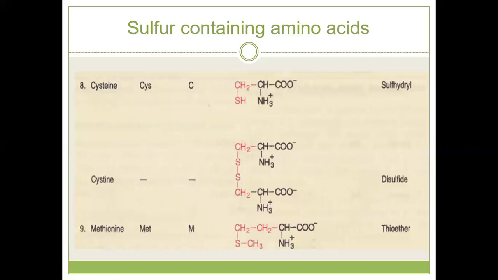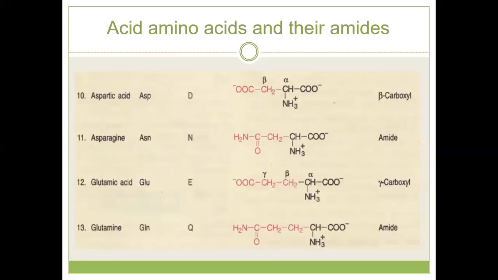In fact, that's why we call it an ether linkage, but in this case, not oxygen. We have a sulfur. That is why we call it thioether linkage. And that is methionine. The next classification is acid amino acid and their amides.